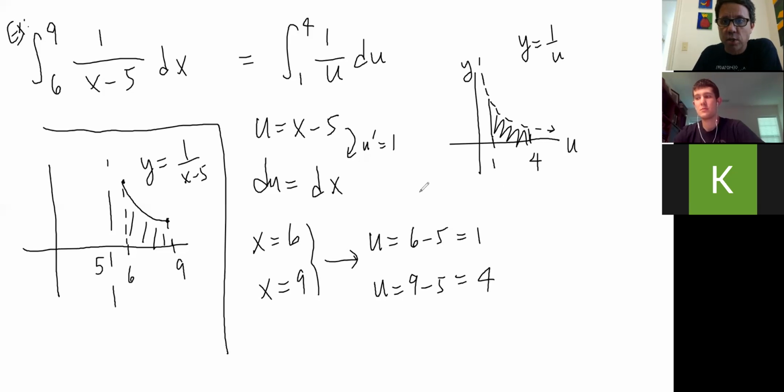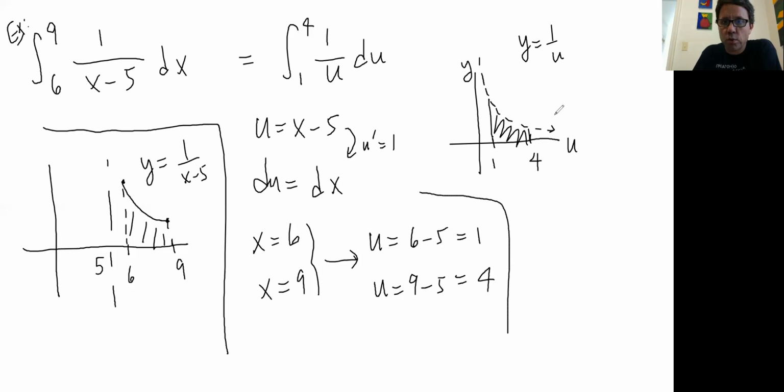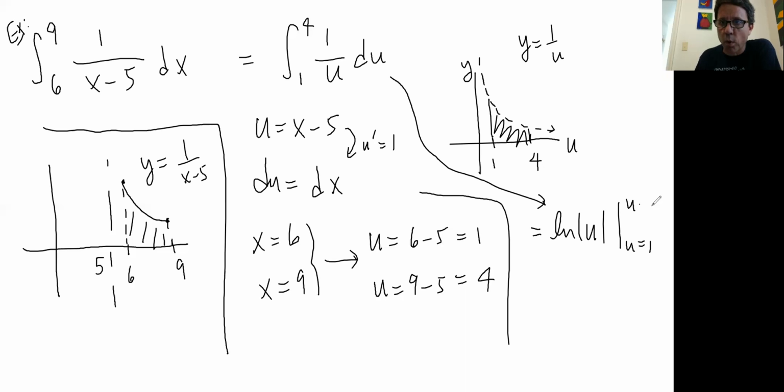Then when you actually do this integral, I know that the answer is the natural log of u, technically with bounds on it. And then I can just plug in u equals 1 and u equals 4 and subtract. So I'll get the natural log of 4 minus the natural log of 1, and that's my answer.